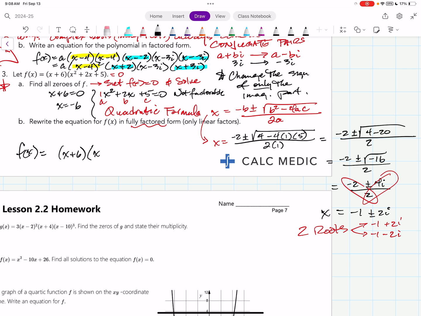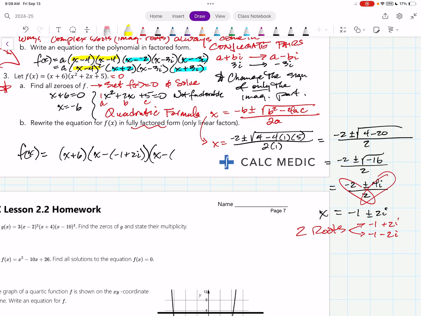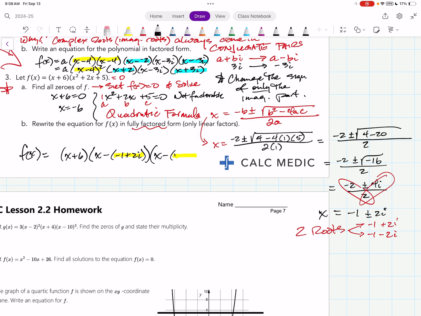So it looks like x minus the first one, so put in parentheses, negative 1 plus 2i, all right, times x minus the second one, and you put the roots in parentheses because they're binomials, guys. All right, so first one, second one. So it's going to be negative 1 minus 2i. And again, you put them in parentheses.